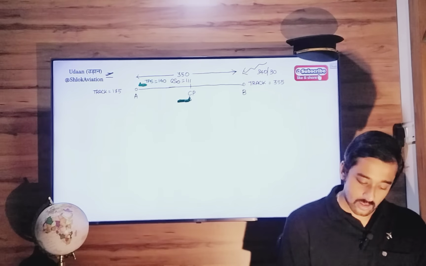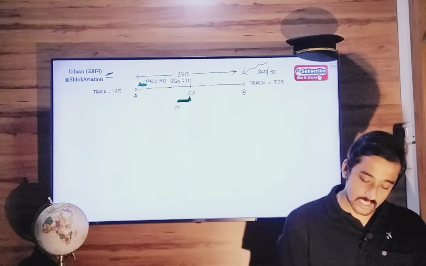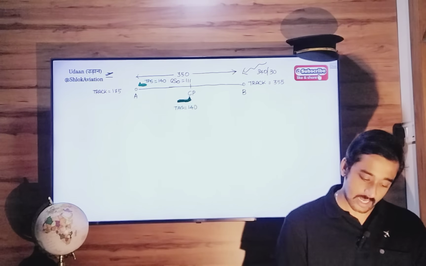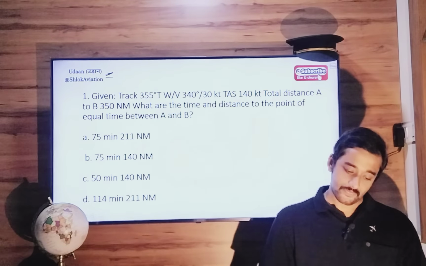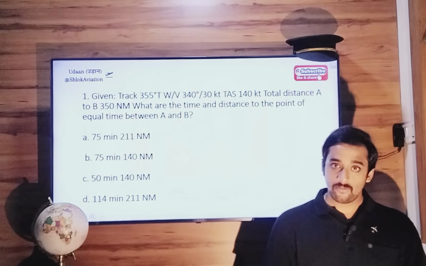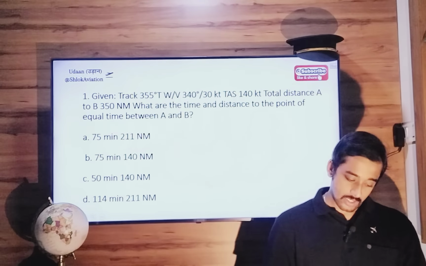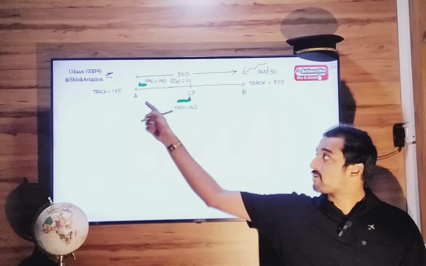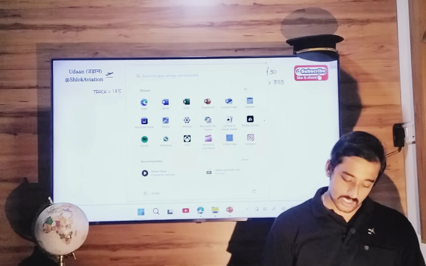Now from critical point we are going to return to point A. The task of this aircraft remains the same. We do not have a different task given. Task 140. And now we will find ground speed homebound. So now we will use a track of 175. Other things remain the same.